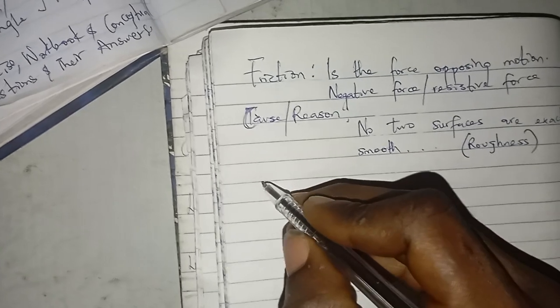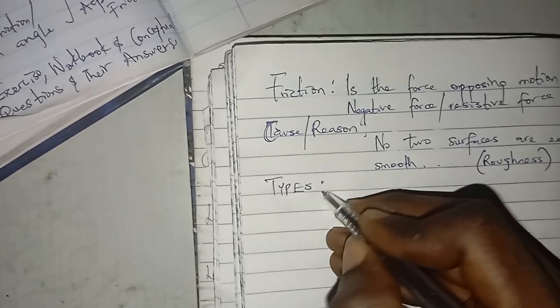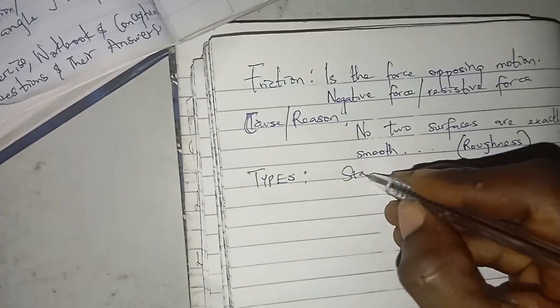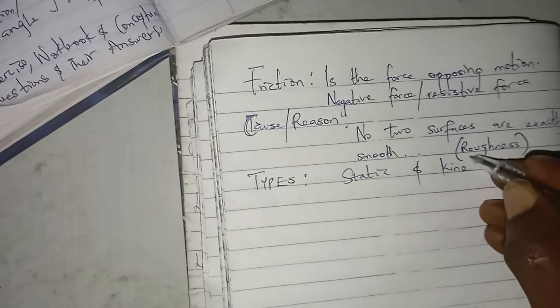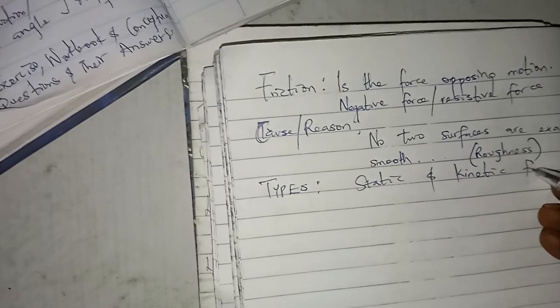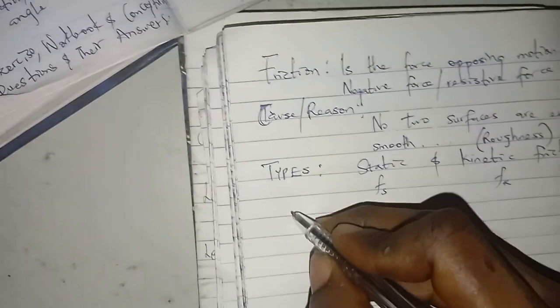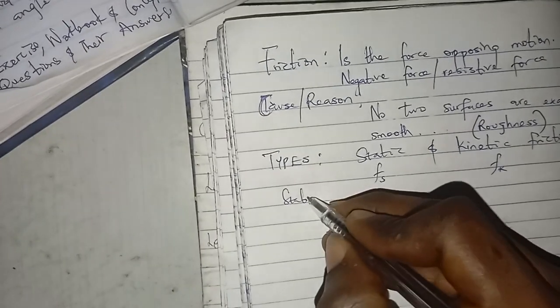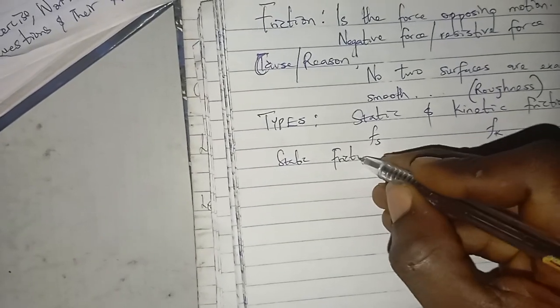So the next one is types of friction. We have the static friction and the kinetic friction. Static like this and kinetic friction. So static friction, I take my time to write all these things because I know JAMB students are also watching.